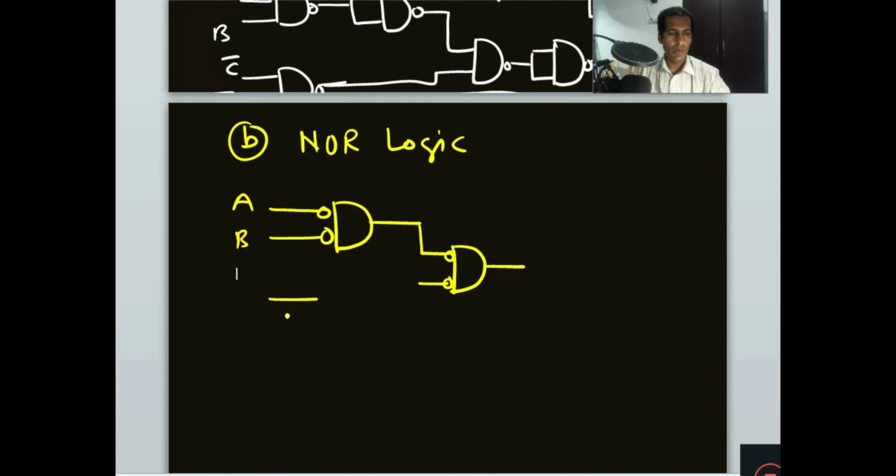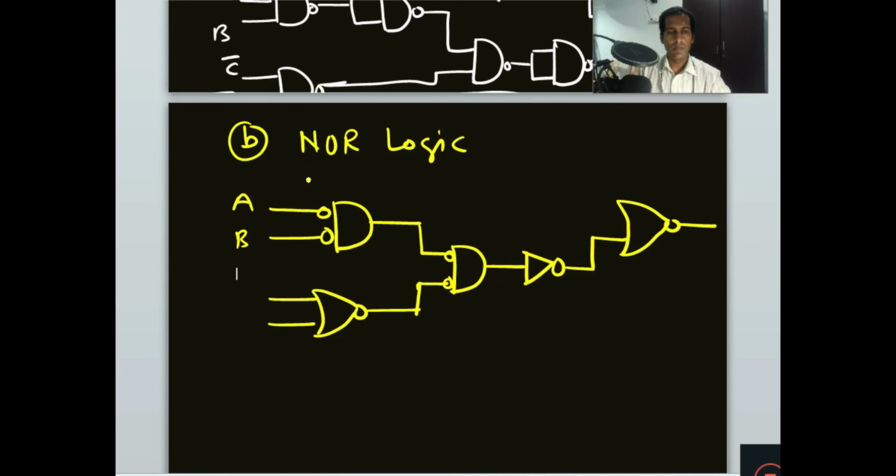And here we have one OR gate, so we will make it a NOR gate by adding one bubble. So this will be like this. At the output, this inverter will be as it is. This is given to another OR gate, so that will convert to a NOR gate.